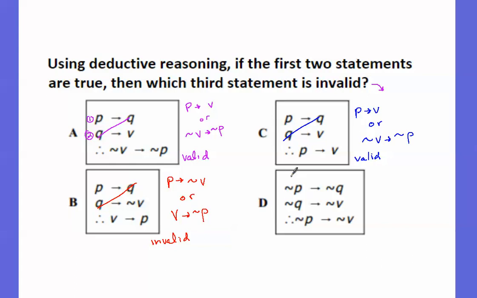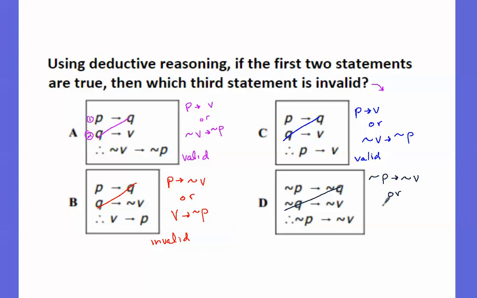Finally, not P leads to not Q. Not Q leads to not V. Again, I can eliminate the middle part, and I know that not P would lead to not V. That would be my conditional statement.